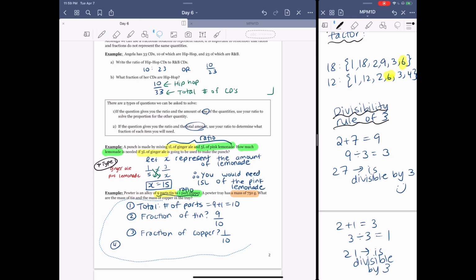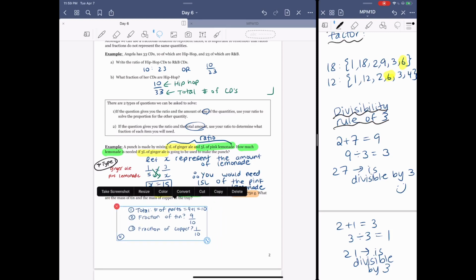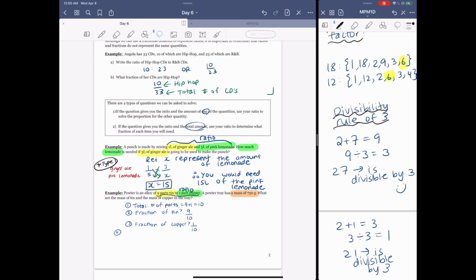So basically you have a total mass of 750 grams. And you know that 9 out of 10 of it is going to be a portion of the tin, okay, the tin amount. You know 1 out of 10 of it is to be the mass of the copper.